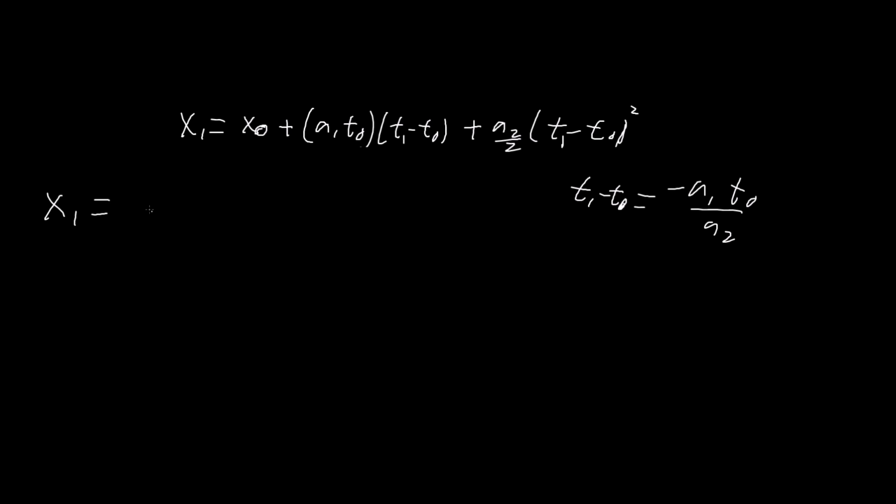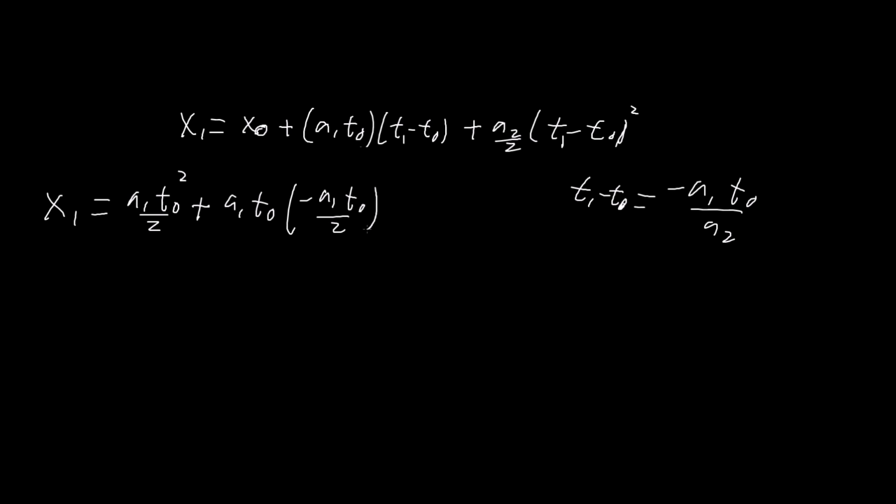And x naught is going to be a1 t naught squared over 2 plus a1 t naught, and this is where you're going to have to put parentheses, minus a1 t naught over a2. And this is where being careful really pays off, folks.